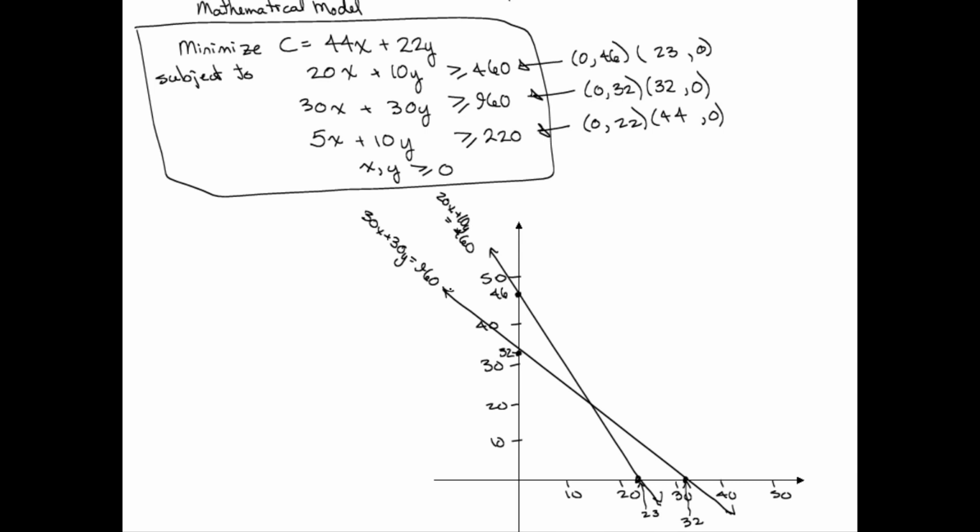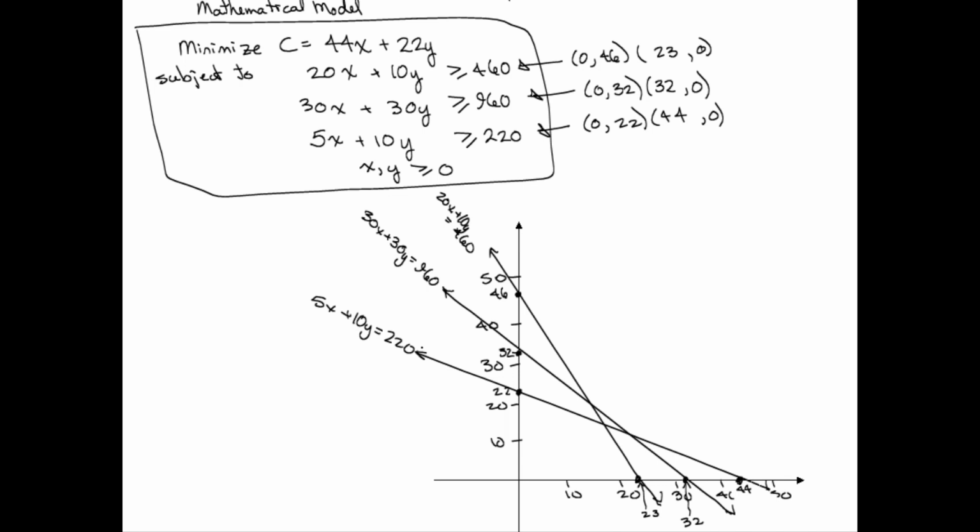And then one more. 0, 22, 44, 0. I have room to sneak that one in like that so it's a little less confusing. Okay, so here I have 5x plus 10y equals 220.